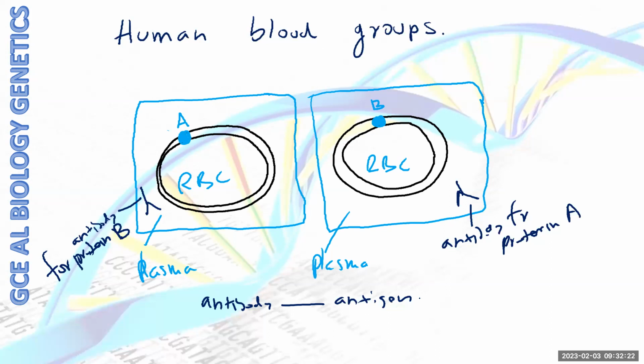At the moment, we just keep in mind that an antibody can bind to the antigen. In this case, person A's antigen cannot bind with antibody B, and person B's antigen cannot bind with antibody A. So there is no reaction at all.